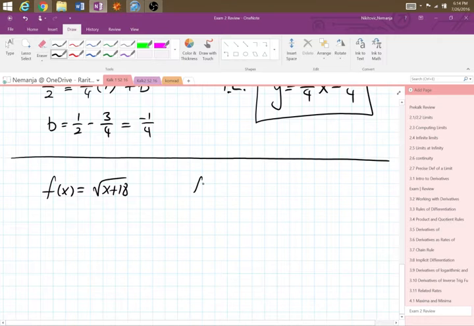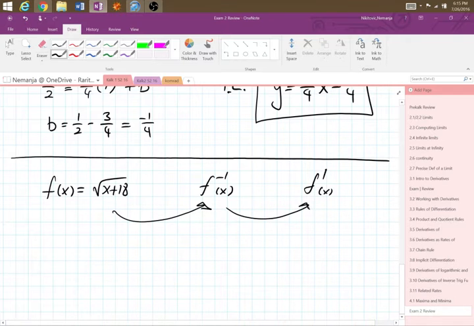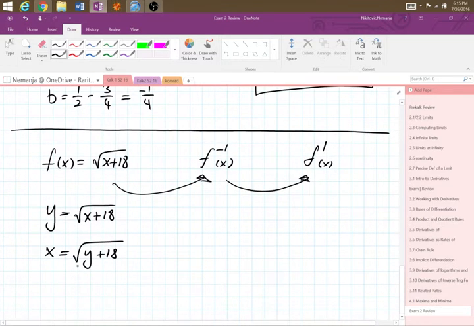We are going to find the inverse function first, and then later the derivative of the inverse function. So step 1 and then step 2. We start by writing y equals square root of x plus 18. Interchange x and y first, and then solve, so x squared is equal to y plus 18.